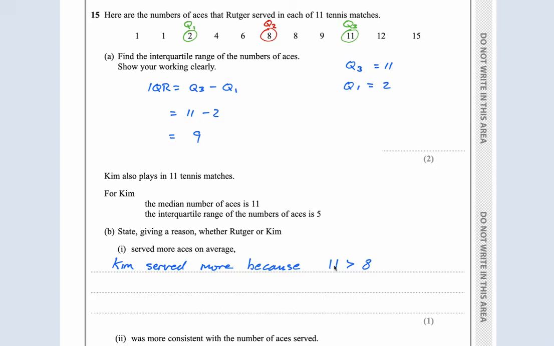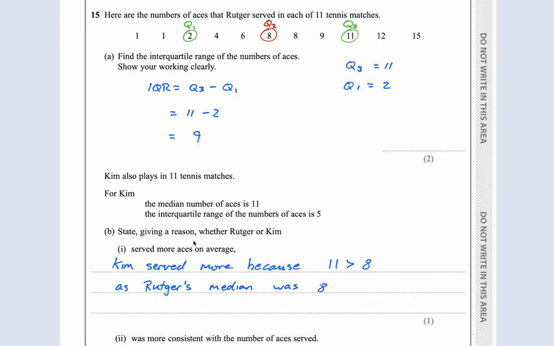There you go, because her median is bigger than Rutger's median. Rutger's median was 8. Now I've already said it here, but just to be clear.